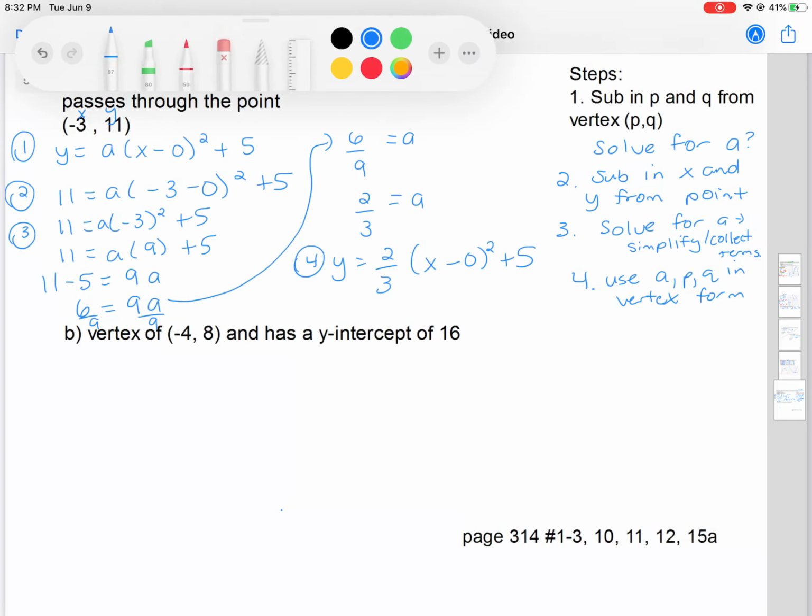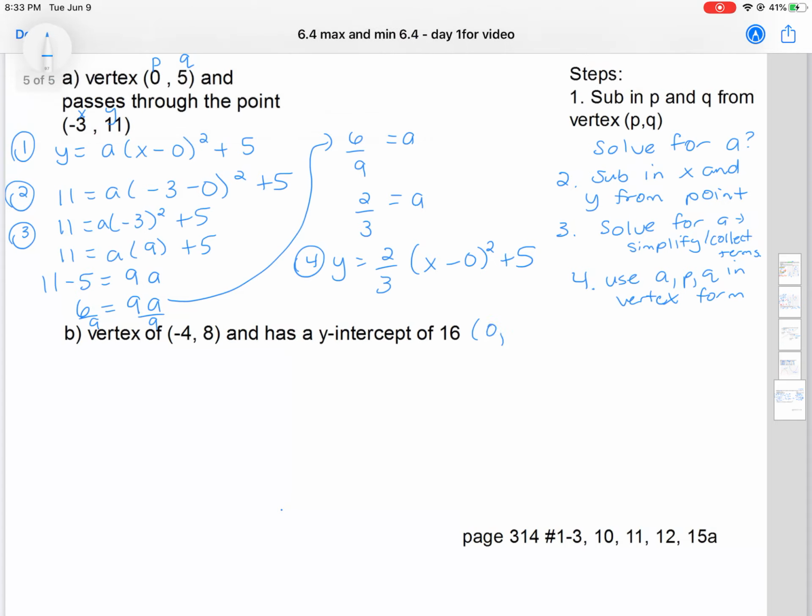But this time we're given the y-intercept, which is no problem. So now the y-intercept means that when x is 0, then y is 16. That's the y-intercept. So here we have P and Q, we still have x and y, so we're going to do the same steps.